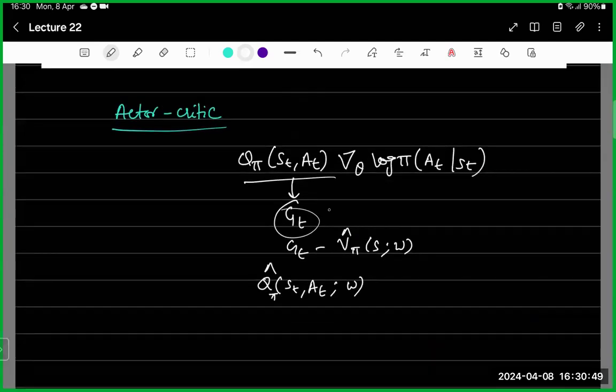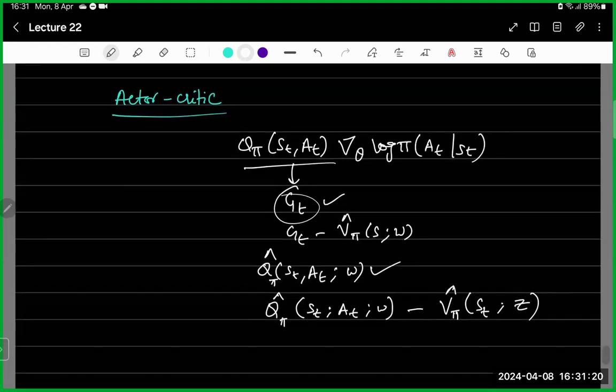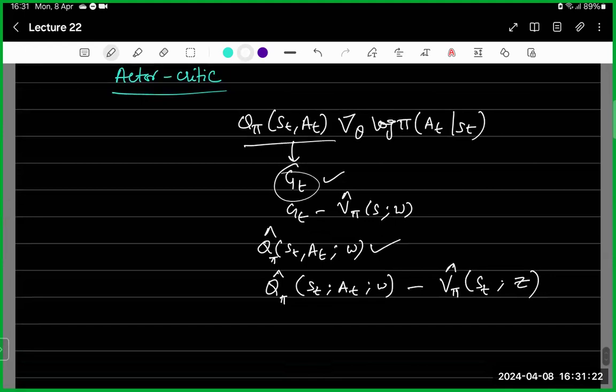What else can we do? Just like instead of GT we substituted q pi hat of st, at, w, what is the other variant that is possible? Add a baseline to that. So what will that be? Q pi of st, at, w minus v pi of st. You could have different parameters if you want, maybe z or some parameters. This is one way, but generally it is not done like this.